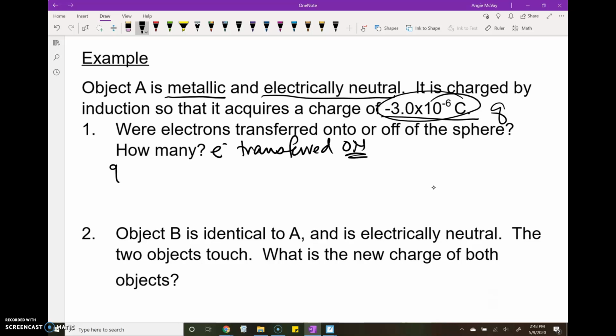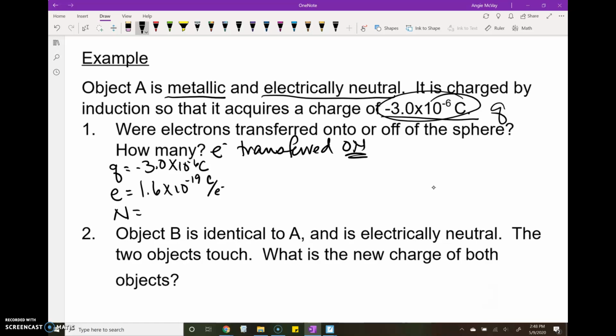How many electrons were transferred onto the sphere? Well, we know that we've got a charge that's equal to negative 3 times 10 to the minus 6 coulombs. We know the elementary charge is 1.6 times 10 to the minus 19 coulombs per electron. And we're looking for how many extra electrons that is.